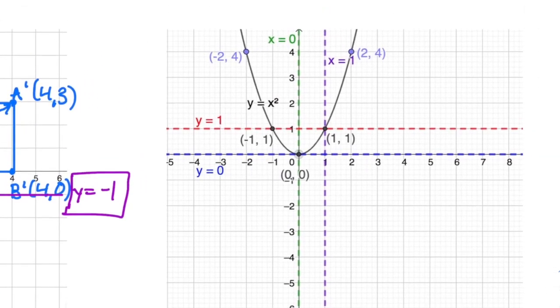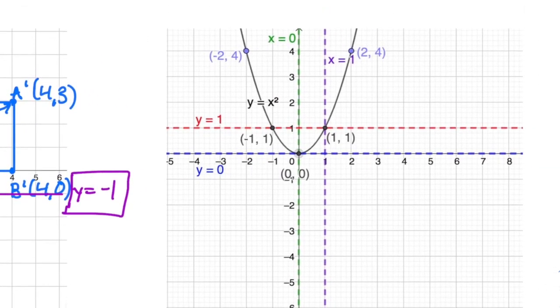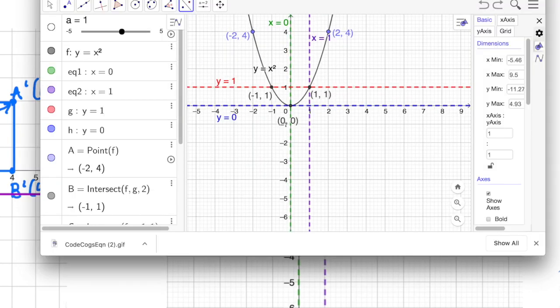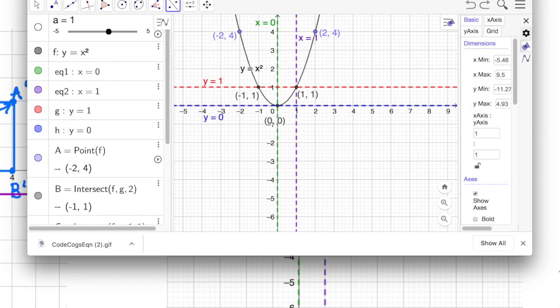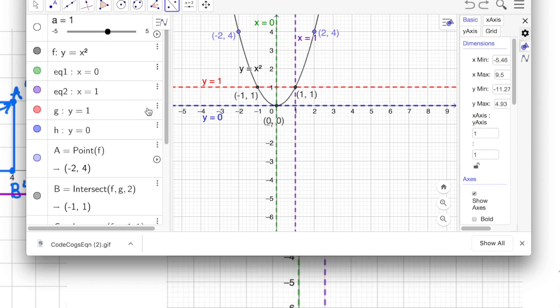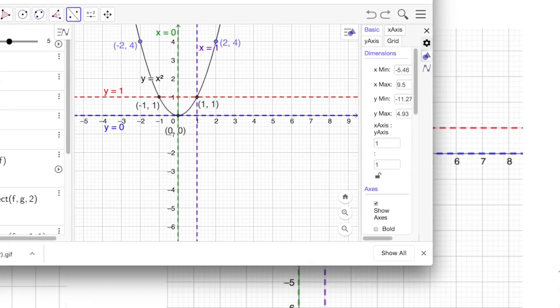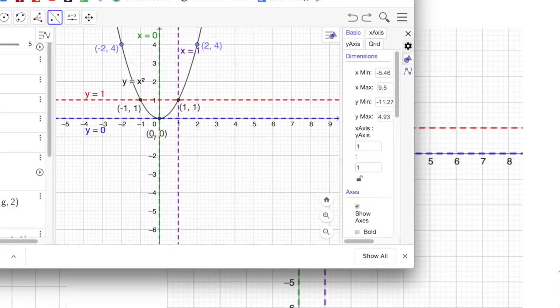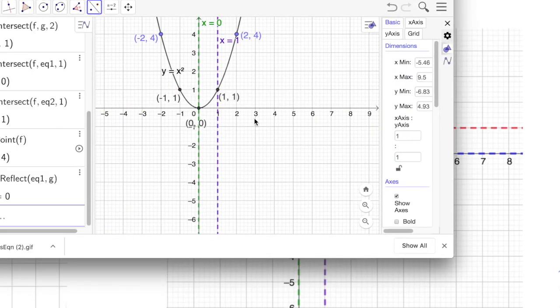All right, so now for a moment, I just want to take us to GeoGebra. So you can write this in your notes, but what I want us to do, I'm just doing this here because it's easier for me to see. Okay, so let's start with this line here. So what happens when we reflect, and as you remember, this is our parent function.